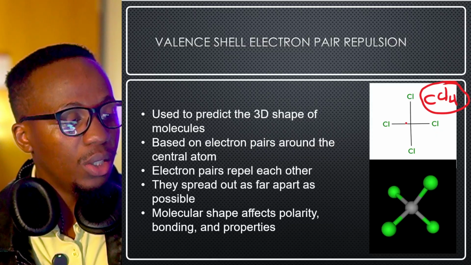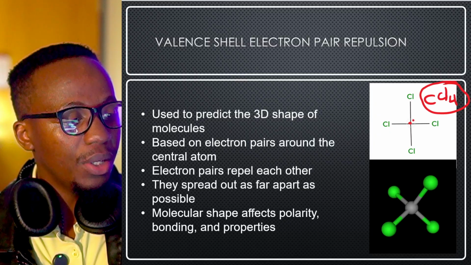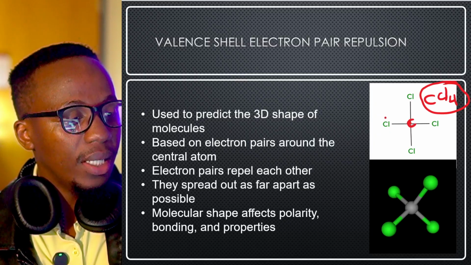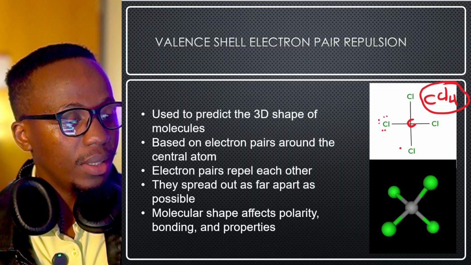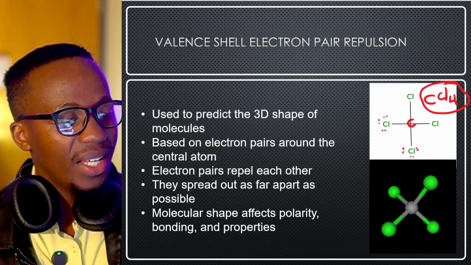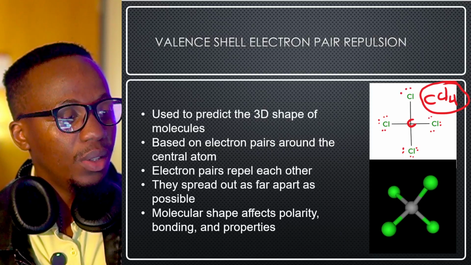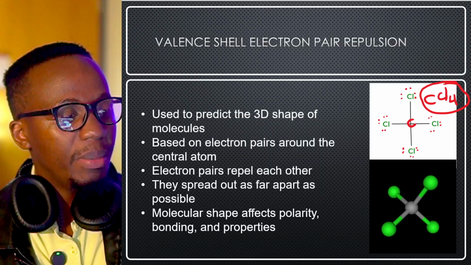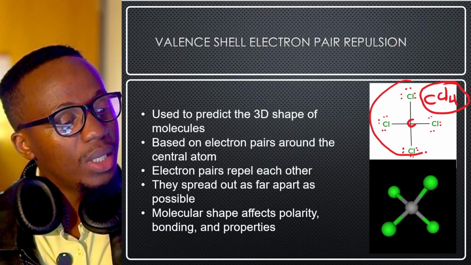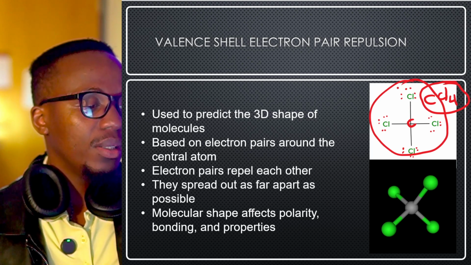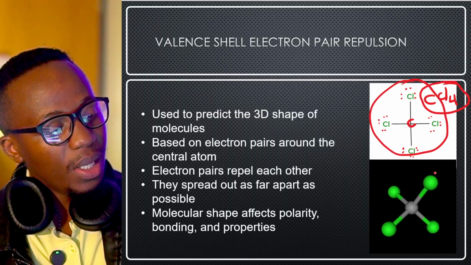If you were drawing a Lewis structure, it's going to be carbon in the middle and then Cl on the outside. Just remember that we have to give Cl its electron pairs, right? Because this is a Lewis structure. Remember, this is the dot structure that we learned how to draw. But again, this is a 2D cartoon, right? In real life, it's going to be 3D.